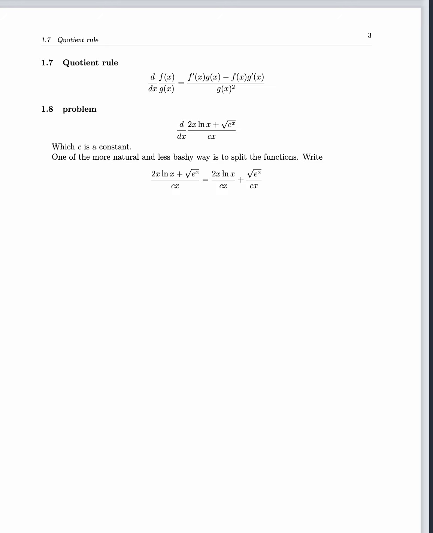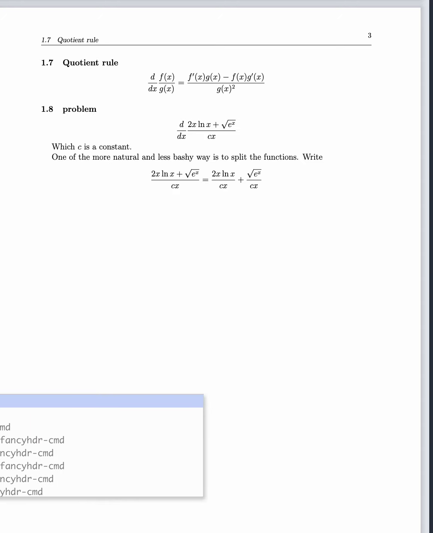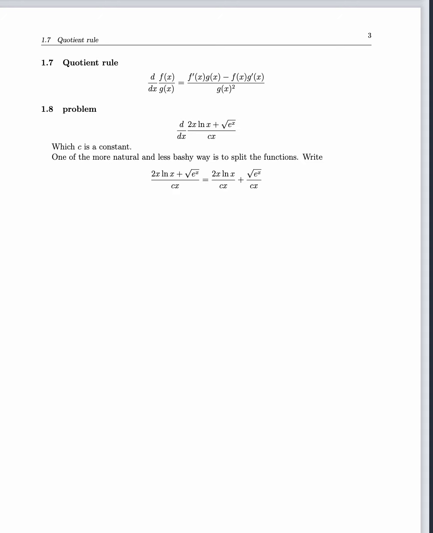Which is just equal to d over dx times 2x ln of x over x plus square root of e to the x over x.